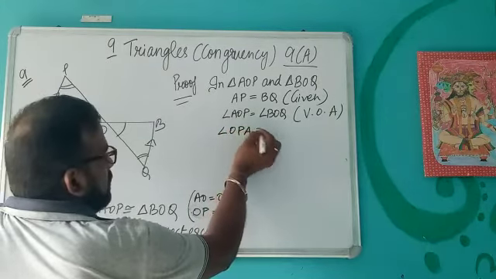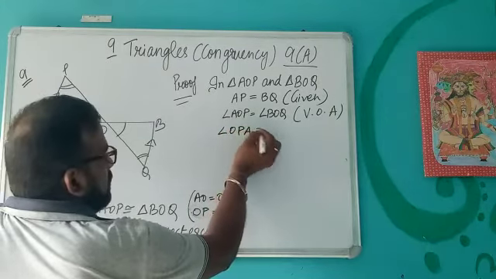Alternate interior angle. In short I am writing alternate interior angle. So we can say that triangle AOP is congruent to triangle BOQ by which criteria? Let's see the criteria. This is angle and side, by angle side.